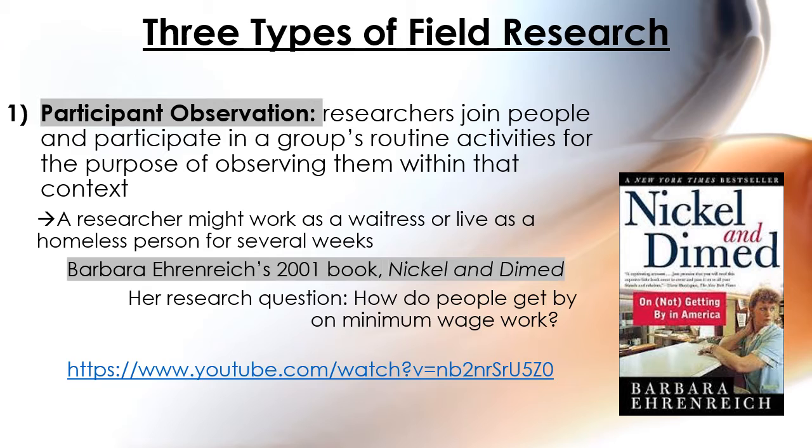The first type of field research is called participant observation. This occurs when a researcher joins people and participates in a group's routine activities for the purpose of observing them within that social context. One great example of participant observation is illustrated by Barbara Ehrenreich's book, Nickel and Dimed, from 2001. Her research question was, how do people get by on minimum wage work?